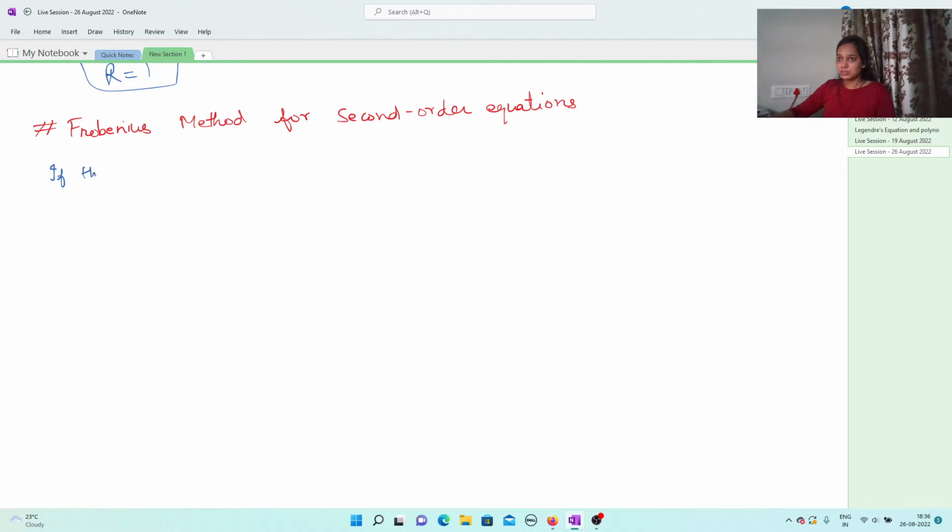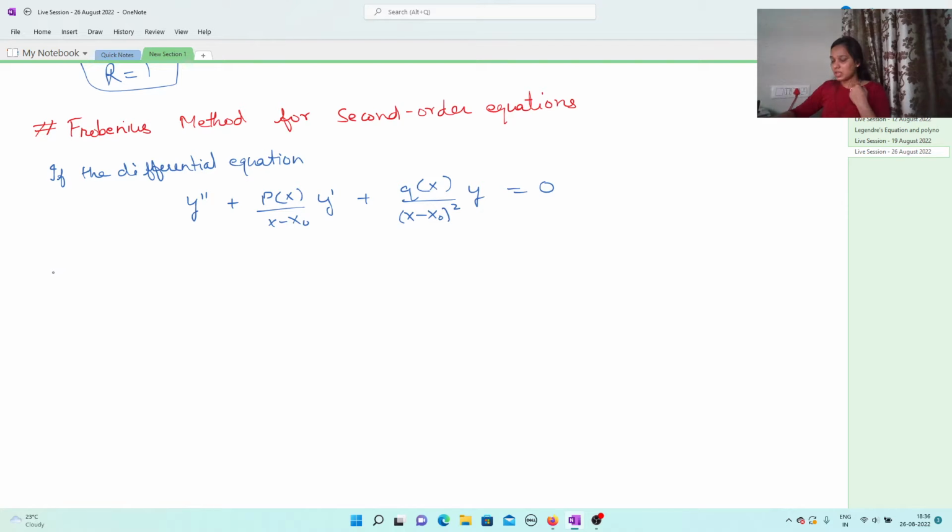Now let's say the differential equation is y double dash plus p of x over x minus x0 y dash plus q of x over x minus x0 square into y equals 0. Let's say this differential equation has a regular singular point at x0.